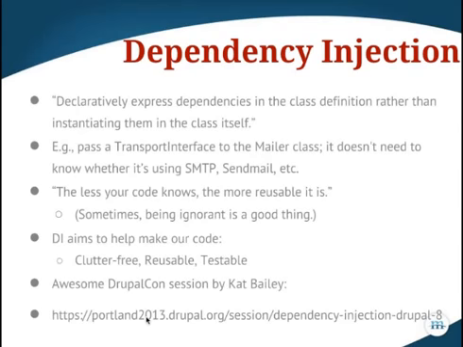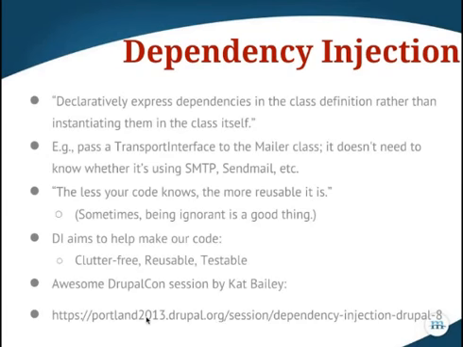The best example for this is, let's say you were writing a mailer class, and there are lots of different ways you can send mail, right? You can use SMTP, you can use sendmail, you can use null transport. There's a lot of different ways you can send it.